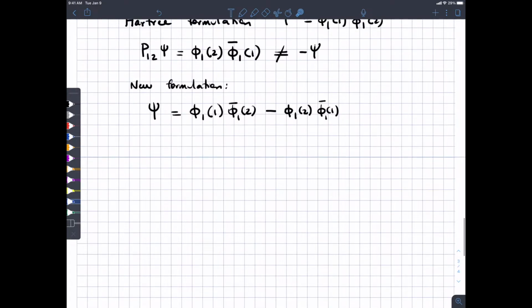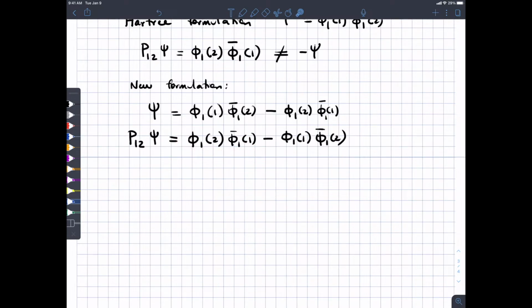Now, why would you do it this way? What does that mean? We'll talk about what it means in a physical sense, but why would you do it this way? Because if I permute electrons 1 and 2, switch their places, I come up with electron 2 in phi 1, electron 1 in phi 1 bar, electron 1 in phi 1, and electron 2 in phi 1 bar.